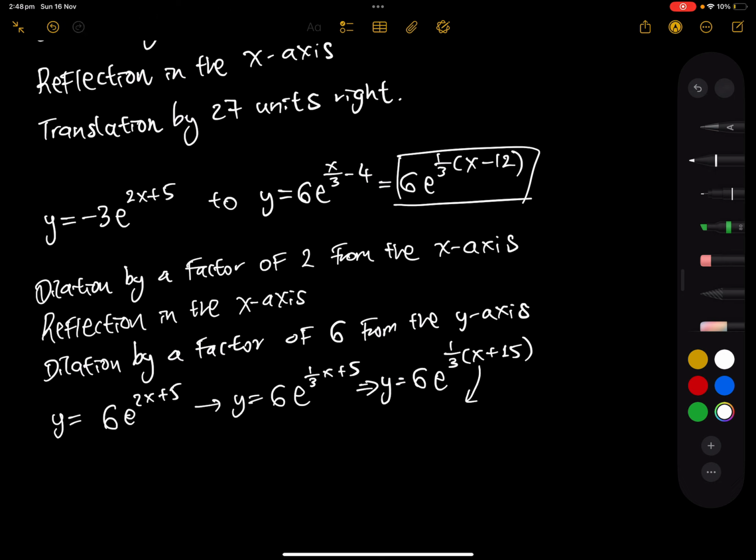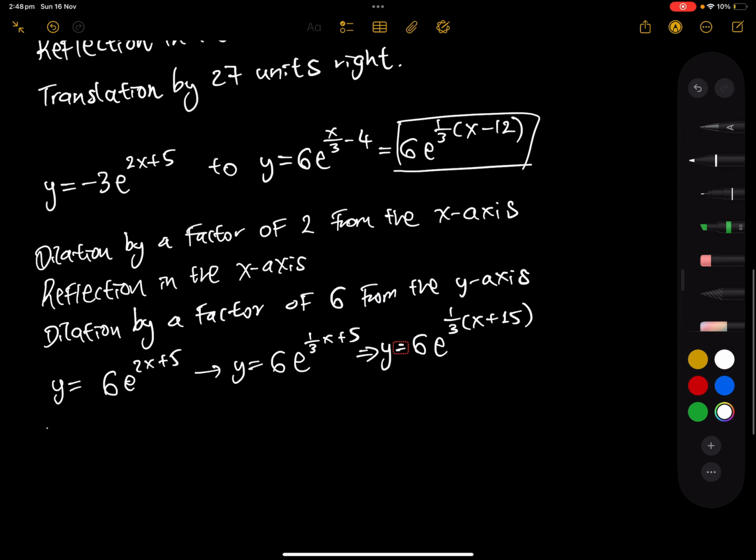So you can think of it as replacing this right here with x minus 27 plus 15. That will give you x minus 12. So our horizontal translation would be translation by 27 units, right, since we're subtracting.